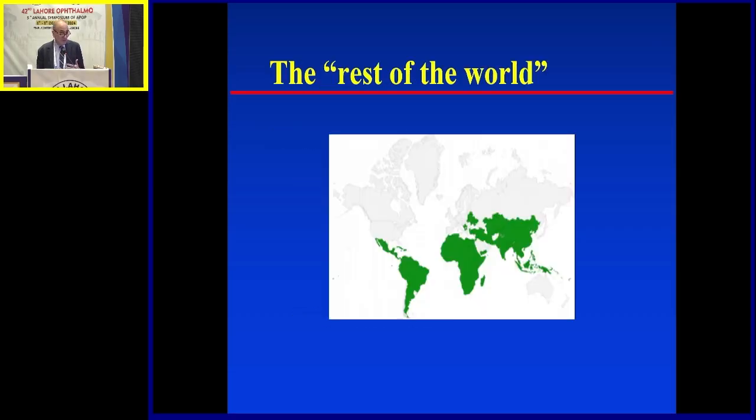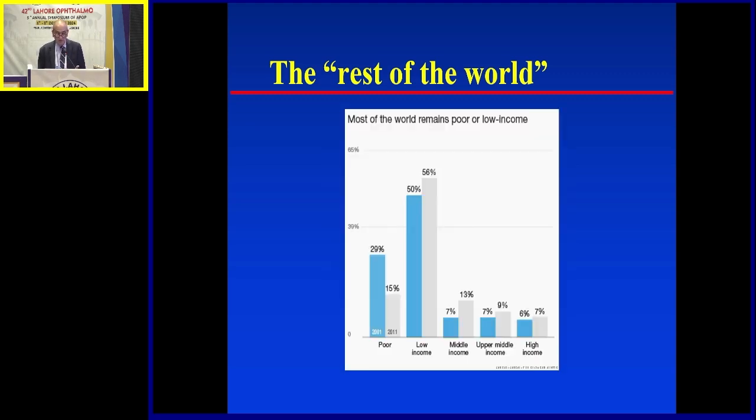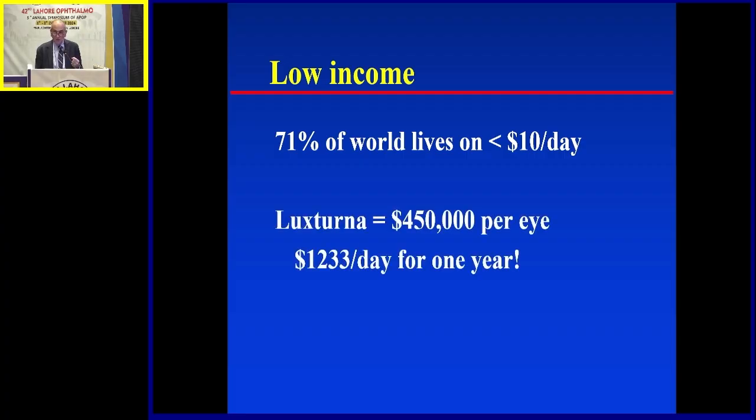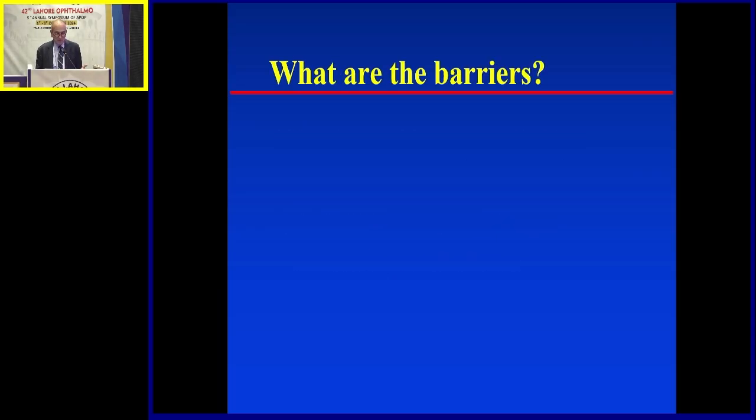And if you look at the rest of the world, and Pakistan is on this, the low-income countries, most of the world cannot afford anything near this, let alone the United States, right? 71% of the world still lives on less than $10 per day. Luxturna is $450,000 an eye. That's $1,233 per day for a year. It doesn't make sense. It's not going to work.